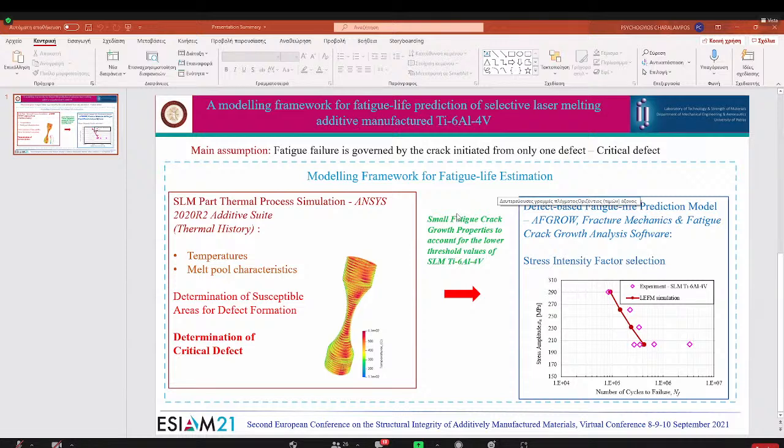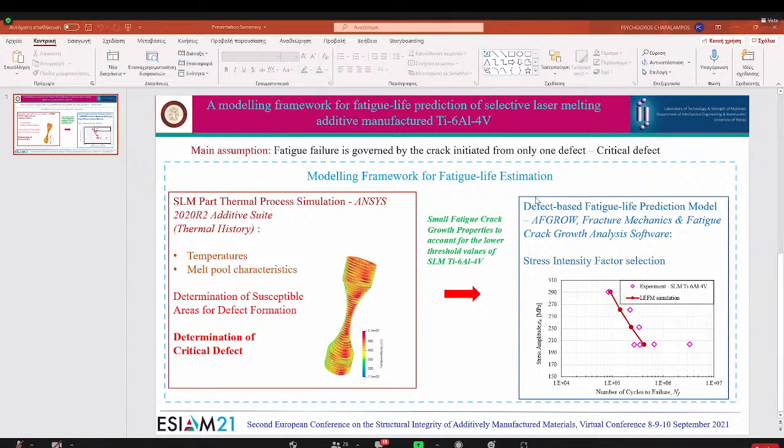This is a first study, so we can move later to the study of a realistic part, where it's not sure that the crack will initiate from the location of the maximum stresses. This is just a preliminary study to go to a more realistic one. Okay, thank you.